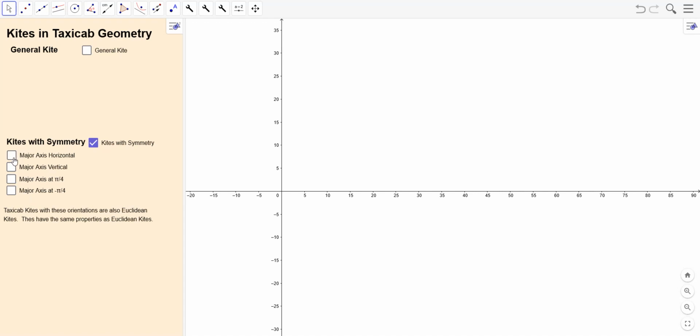So it turns out that if your major axis is horizontal, then in fact we do get all of our normal things about kites: these are congruent as taxicab distances, these lengths are the same, the two red links and the two blue links are the same. And once again, we get a perpendicular bisector here. We get all of our normal properties of kites. But notice that the major axis needed to be horizontal for that to happen.